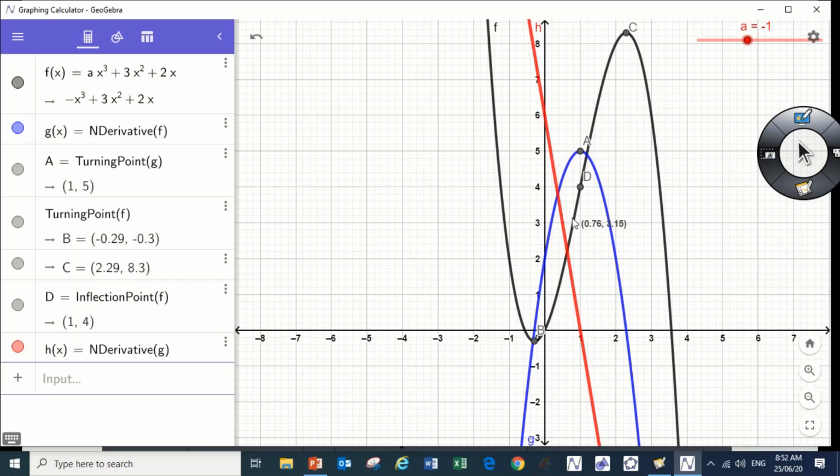The x-intercept of the second derivative is the same as the x value at the point of inflection and at the turning point of the quadratic function. You can use your own words. The x value here is the linear. The x value there is the quadratic. So this is the cubic, that's the point of inflection, and that's the turning point of the first derivative.